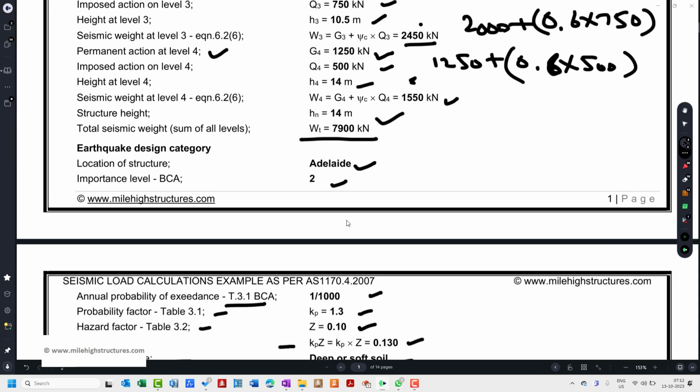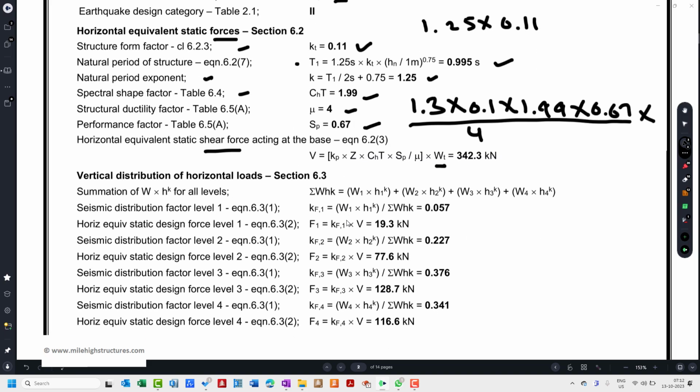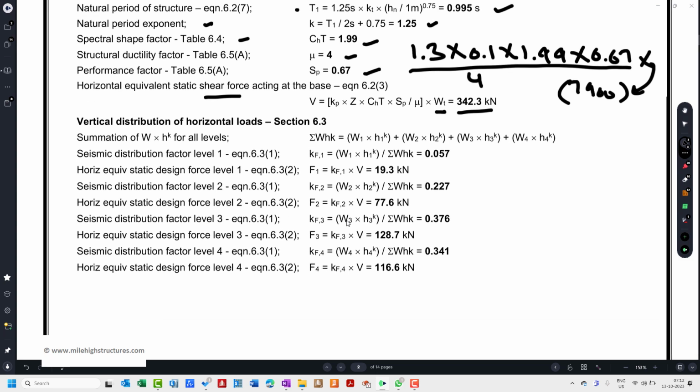So total seismic weight that is basically 7900 kN. So multiplying and calculating this, the value comes out to be 342.3 kilonewton.